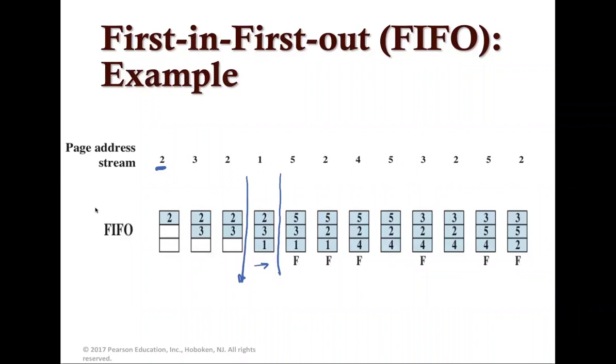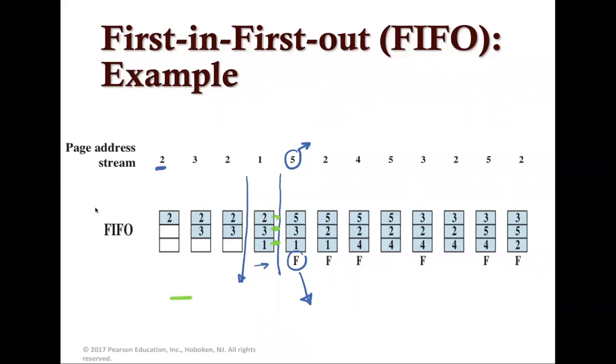Now with the first access to page number 5, of course, a page fault would occur. And we need to decide: are we going to replace 2, 3, or 1 with the incoming page number 5?